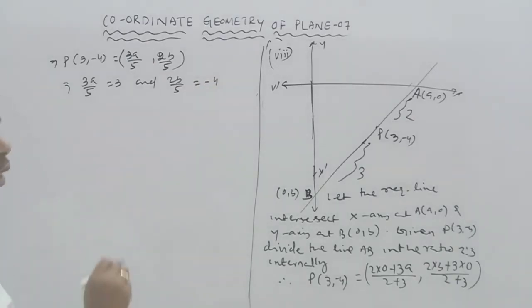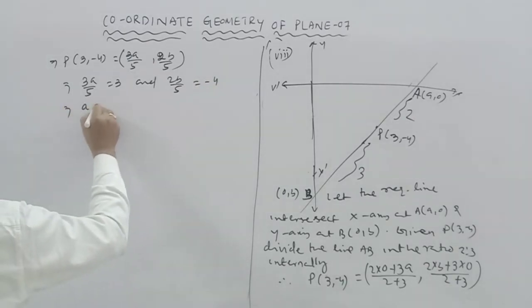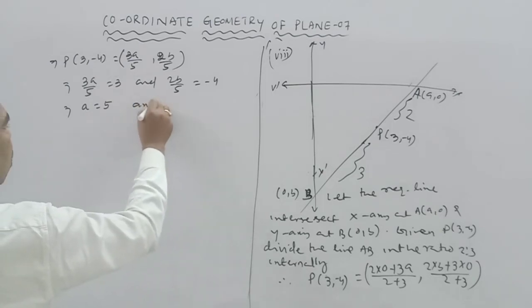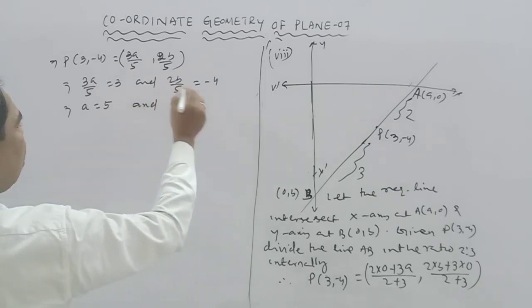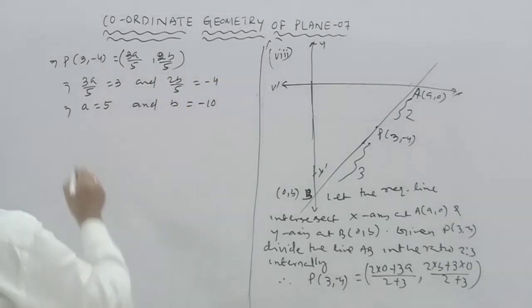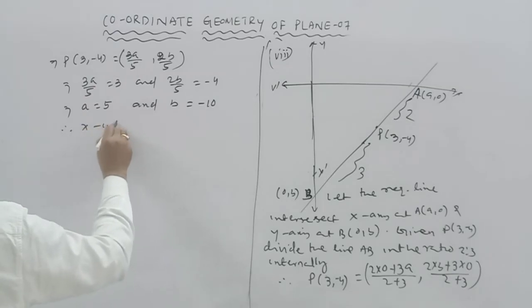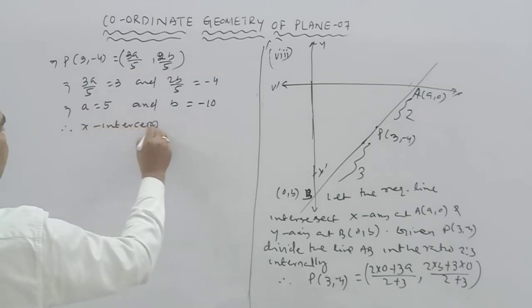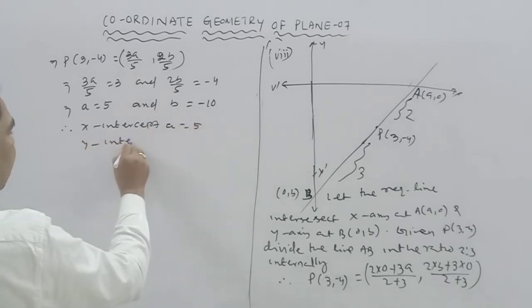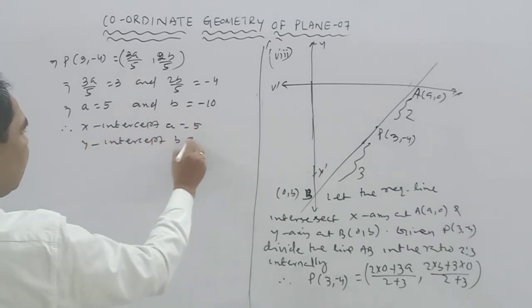So find the value of a and b. So a is equal to 5 and b is equal to -10. Okay, therefore x intercept a is equal to 5, y intercept b is equal to -10.